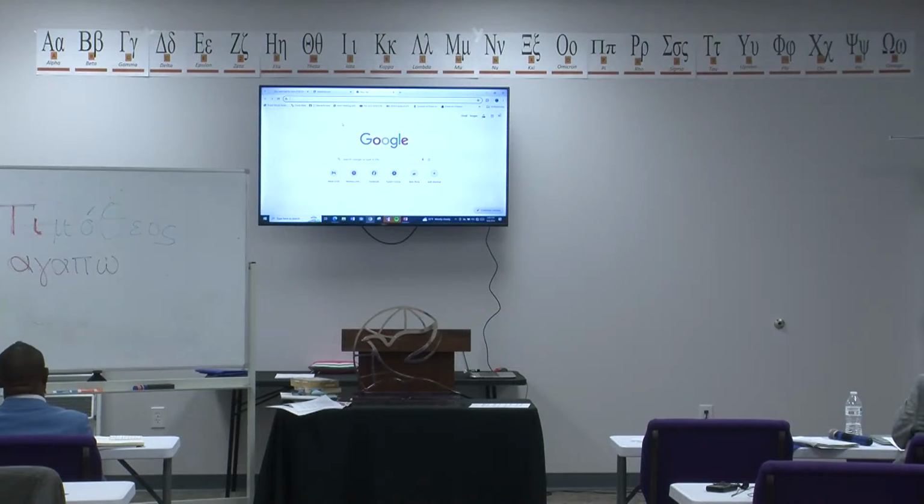So this is the present active, it's the present tense, active voice, and the mood is indicative. We haven't talked about that except the subjunctive. So if I put God agapo, or it'd really be God agape, Petron, you can translate it, God loves Peter, or God is loving Peter.